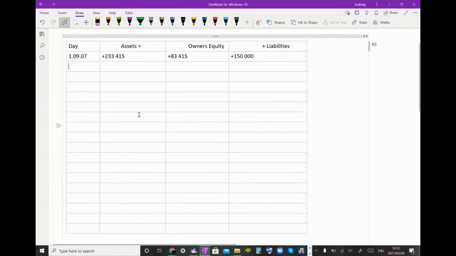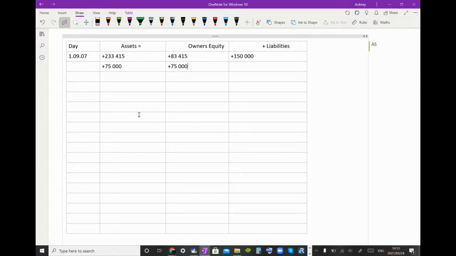Right. So bank and capital is affected. So obviously in assets we're going to say plus 75,000. And capital we know affects owner's equity. It increases owner's equity. So here we're going to say plus 75,000. Assets is affected because bank is affected. Bank is a current asset.